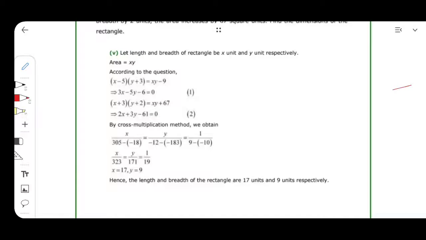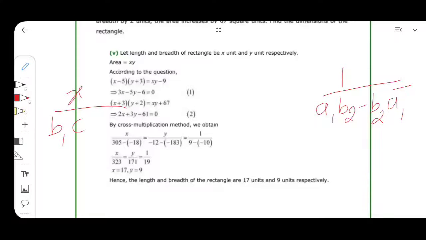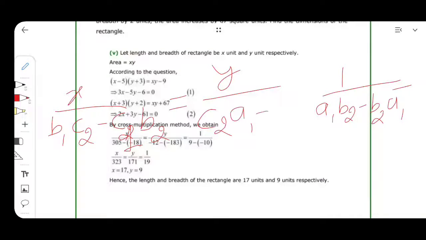The formula is 1 upon a1 b2 minus a2 b1, equals x upon b1 c2 minus c1 b2, equals y upon c2 a1 minus a2 c1.